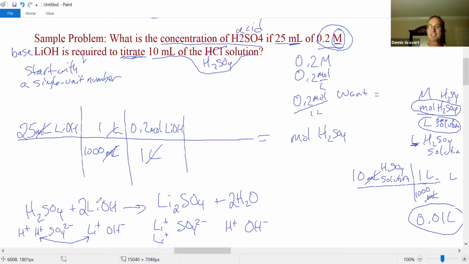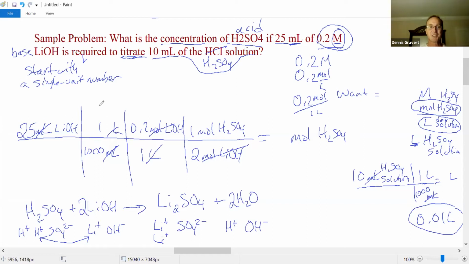Now it's time for the balanced equation. Well, the recipe, the balanced equation says you need 2 moles of lithium hydroxide to react with 1 mole of sulfuric acid. And now the moles of lithium hydroxide cancel out, leaving us with the units and the molecule that we want. Awesome.